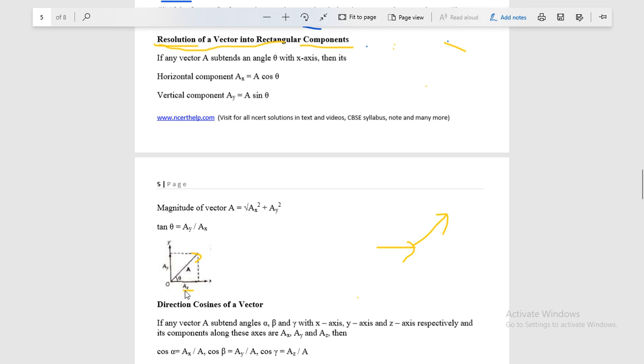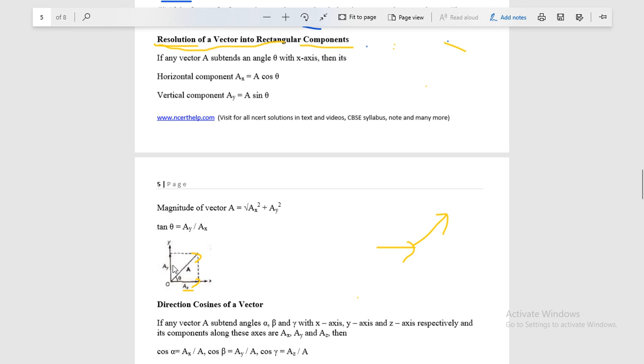You can see here this one is a vector A, and you can see this AX. This AX is the effect of vector A along the x axis. Similarly you can see here AY. So AY is the effect of vector A along the y axis.